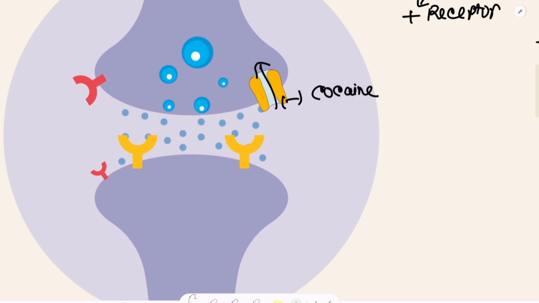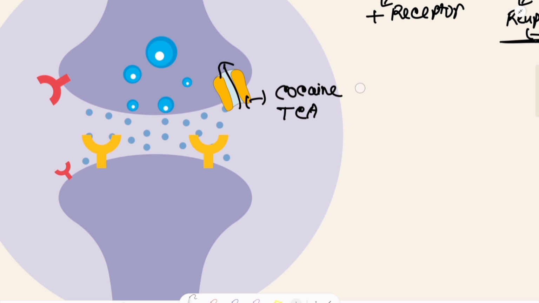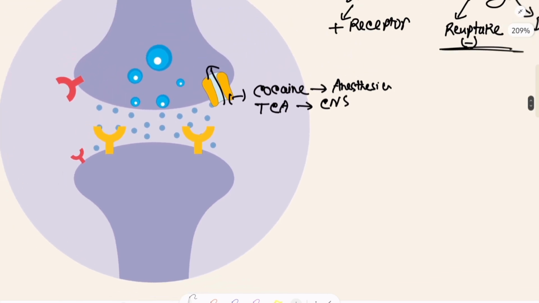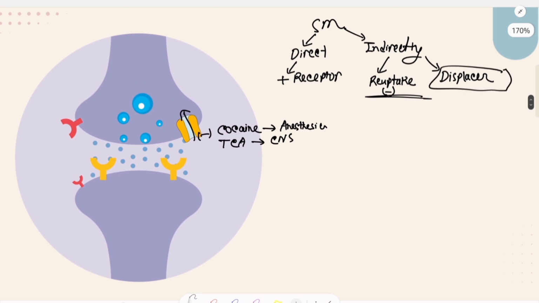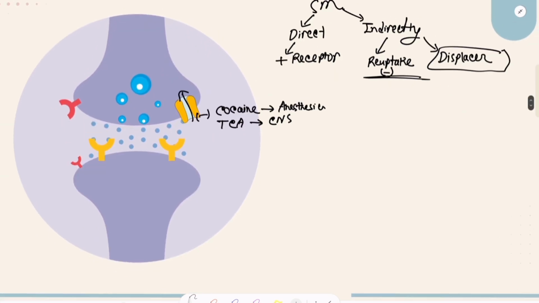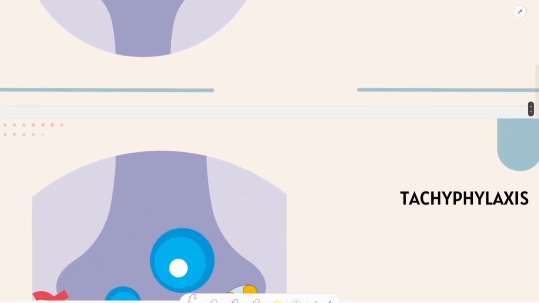Another drug which acts by inhibiting this is the tricyclic antidepressant. These drugs will be covered later. Cocaine will be discussed in anesthesia, and TCA will be discussed in the central nervous system. The second group of drugs acts by displacing noradrenaline; the example is tyramine.